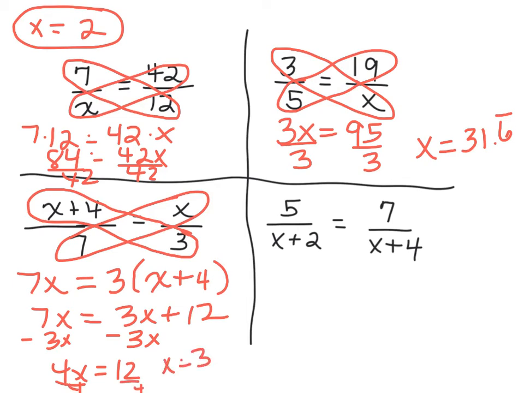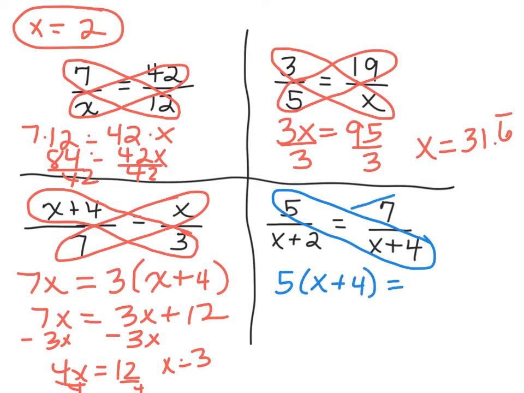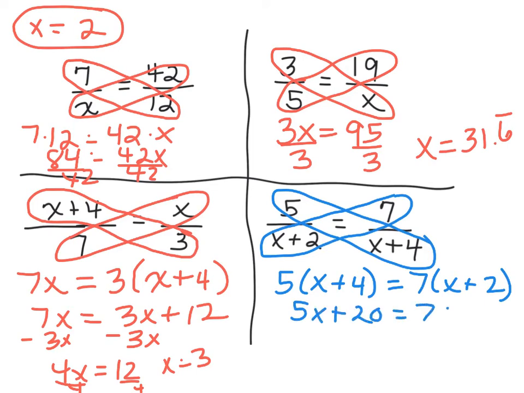So the idea with these problems is we want to make sure we are distributing. Same thing here, that would be 5 times the quantity x plus 4 equals 7 times that whole denominator, x plus 2. And we can solve from there. 5x plus 20 equals 7x plus 14.